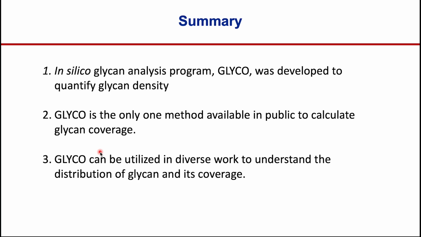So, in summary, the in silico glycan analysis program GLYCO was developed to quantify glycan density, and GLYCO is the only method available in public to calculate glycan coverage. And GLYCO can be utilized in diverse work to understand the distribution of glycan and its coverage.